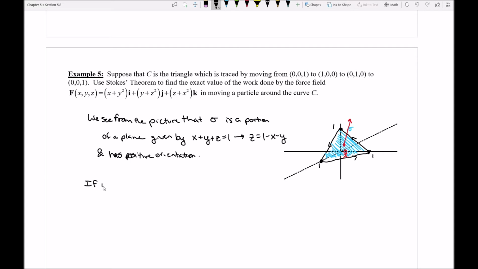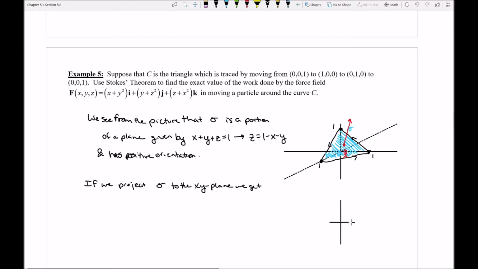So I'll say if we project sigma to the xy plane, we get, and I'm going to try to draw this out as well.